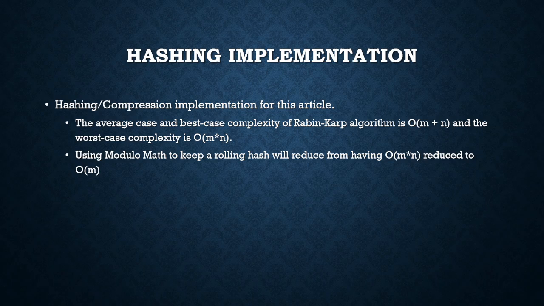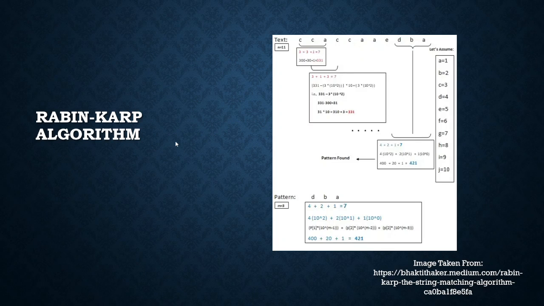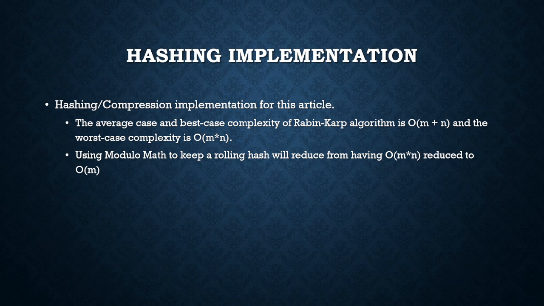If we go back to here, normally we would take these first 3 and perform my hashing algorithm, then take these next 3 and perform my hashing algorithm, and then take these next 3 and perform my hashing algorithm. But with modulo math, I can take these first 3, perform my hashing algorithm, then subtract the first one, add the next one, and perform my hashing algorithm, through some very interesting math that sometimes makes sense and sometimes it doesn't.